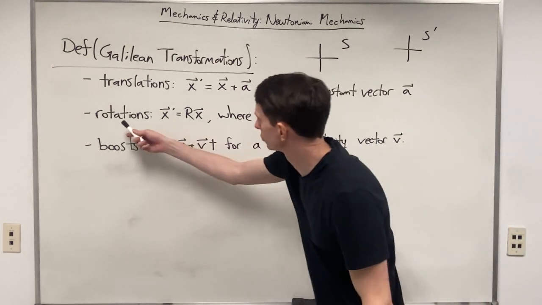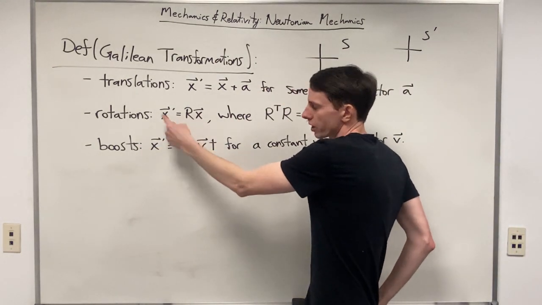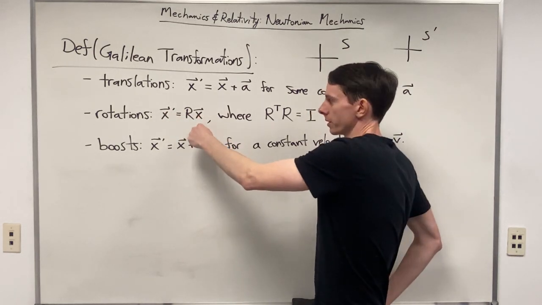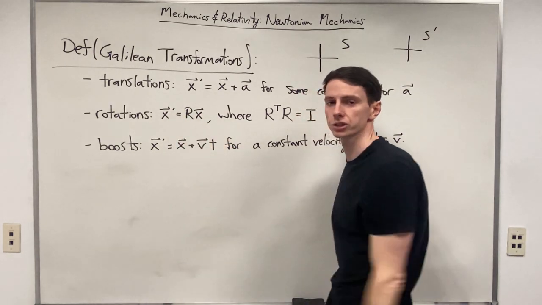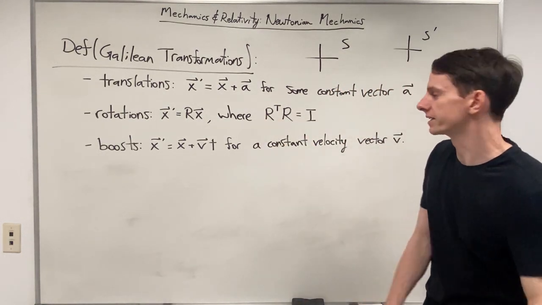Then moving on to rotations, we would say that the primed coordinates, so the primed reference frame, x prime, is related to the unprimed reference frame by a rotation matrix R. It would satisfy R transpose R equals the identity.